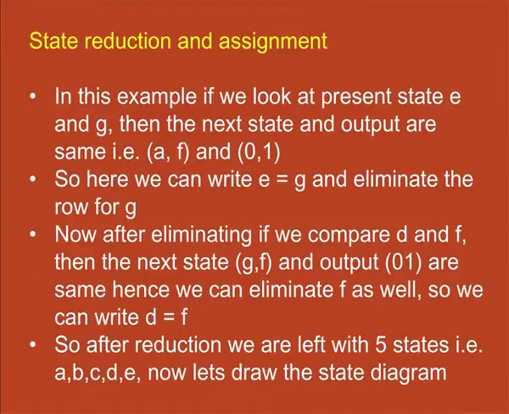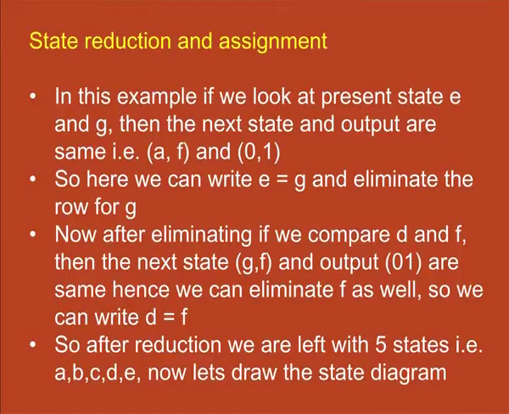So, we can write that E is equal to G and we can eliminate the row for G. Now, after eliminating, if we compare D and F, then the next state G f and output 0 1 are the same. Hence, we can eliminate F as well. So, we can write D is equal to F. After following these steps, we find that the 7 states have been reduced to 5 states, and they are A, B, C, D and E.